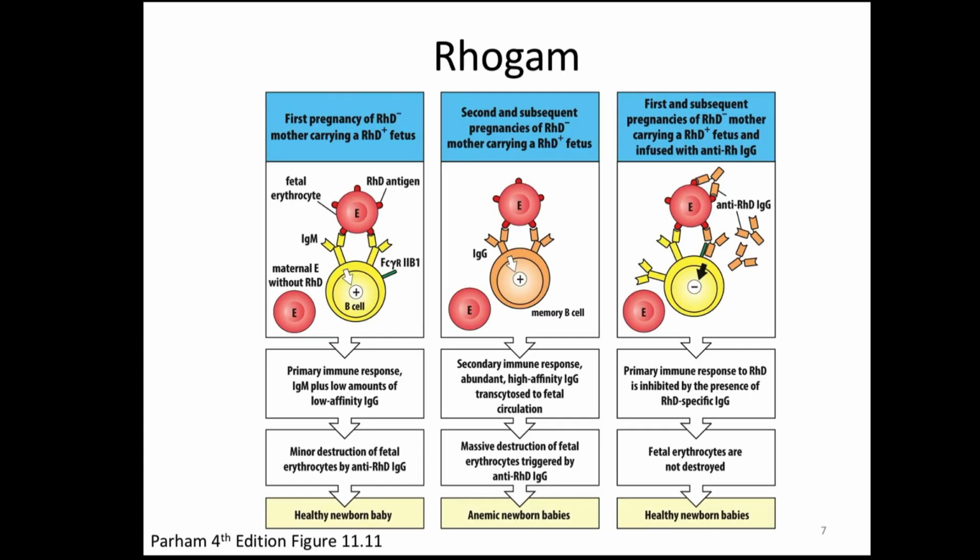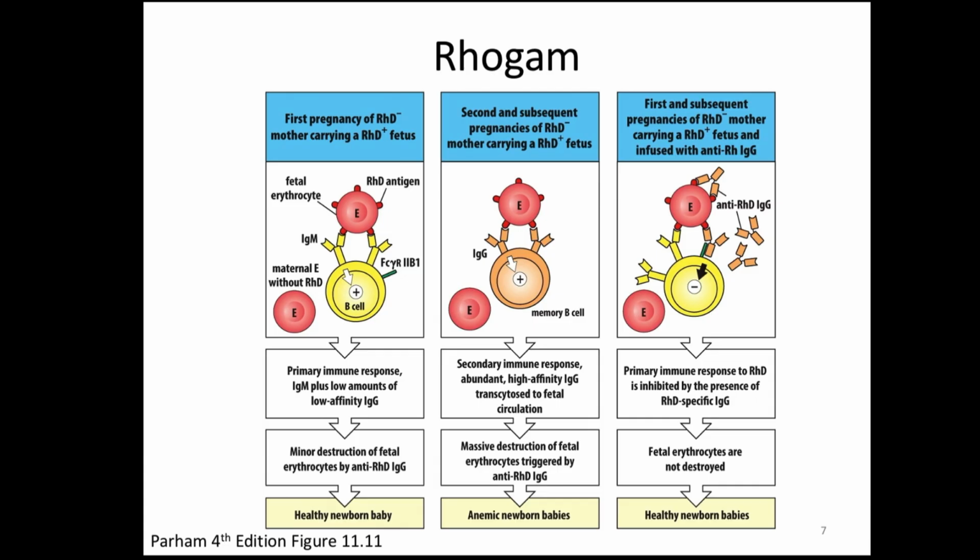You can also see the details of RhoGAM working here. So you can see that normally we would have this baby's red blood cell with the Rh antigen. It would interact with this naive B cell. Then we'd get a memory B cell. We'd get these secondary high affinity responses. We'd start to kill the baby's red blood cells.